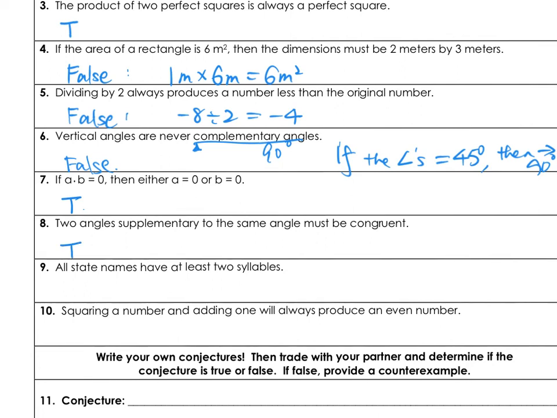So if my angle A plus, let's say, 135 degrees is my second angle, and they equal 180 degrees, right? Supplementary. Then angle A must be 45 degrees.